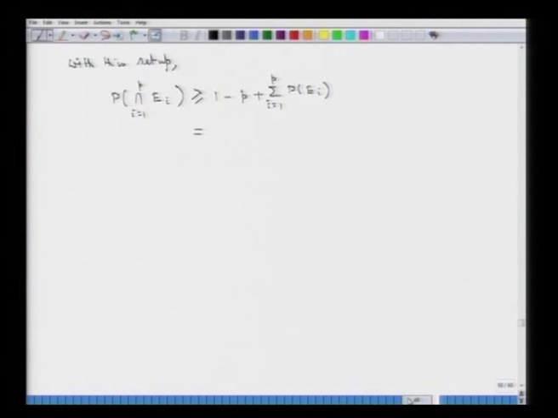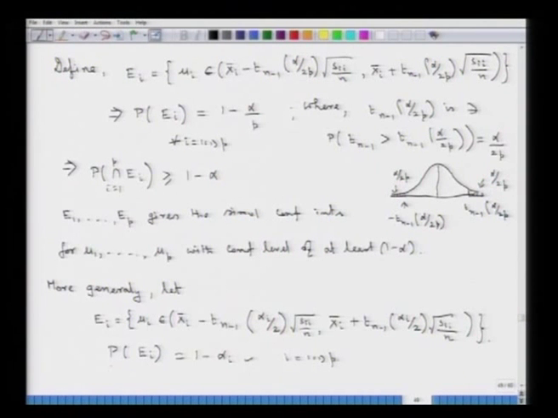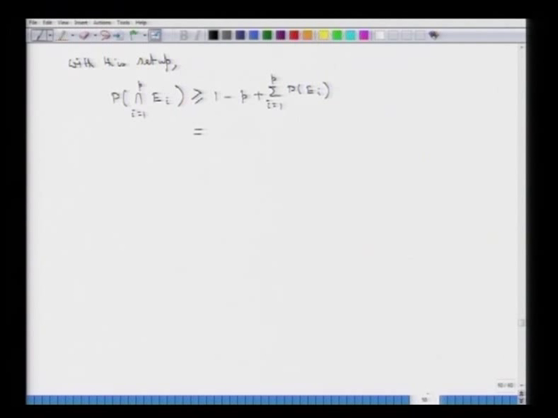With the probability of E_i given by 1 minus alpha_i, this equals 1 minus p plus the summation of 1 minus alpha_i. So it is 1 minus p plus p minus the summation of alpha_i, which is nothing but 1 minus the summation of these alpha_i quantities.